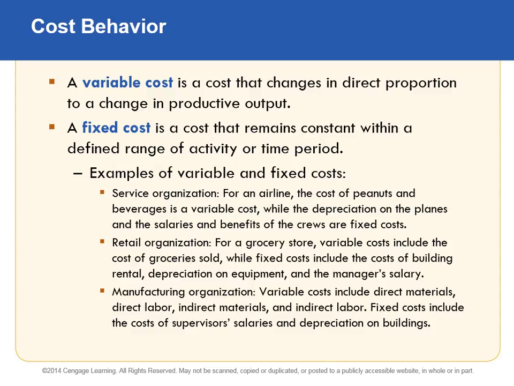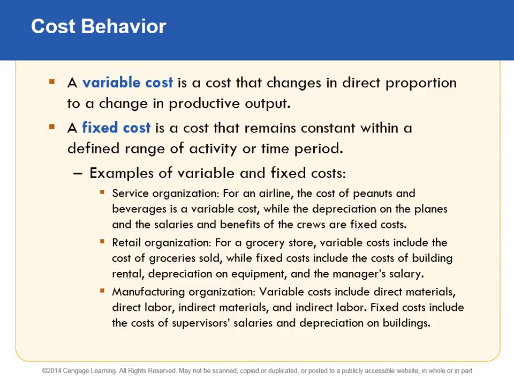How about insurance? How about rent? If you are renting the place to build the factory and manufacture inside, regardless of how many units you produce, you still have to pay the rent.